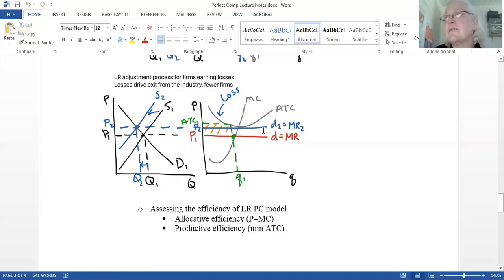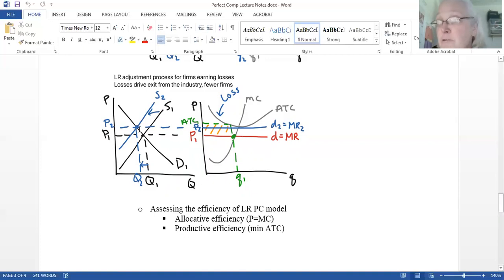So you can see that that D equals MR starts shifting up until the blue horizontal D equals MR2 hits that tangency, that minimum on the ATC. That's how I knew where to draw the blue line. It's not just random. You don't just haphazardly draw some blue line above the red line. No, you draw it very carefully so that it touches the bottom of the ATC curve.